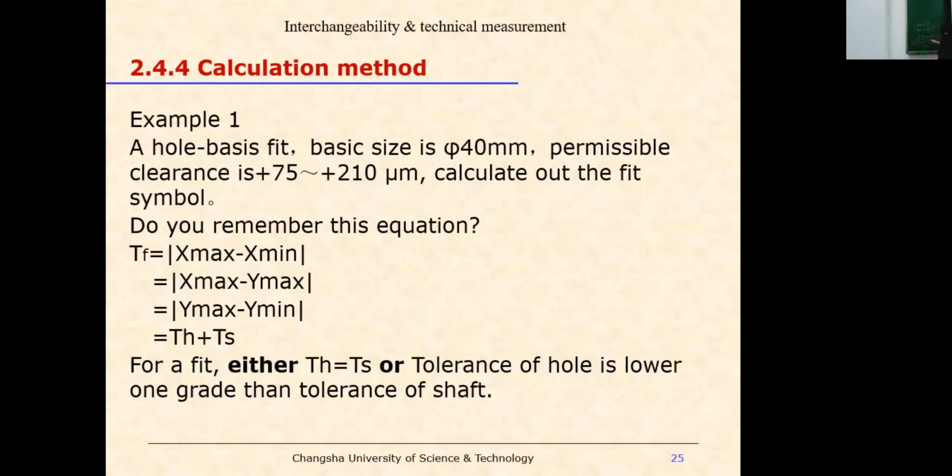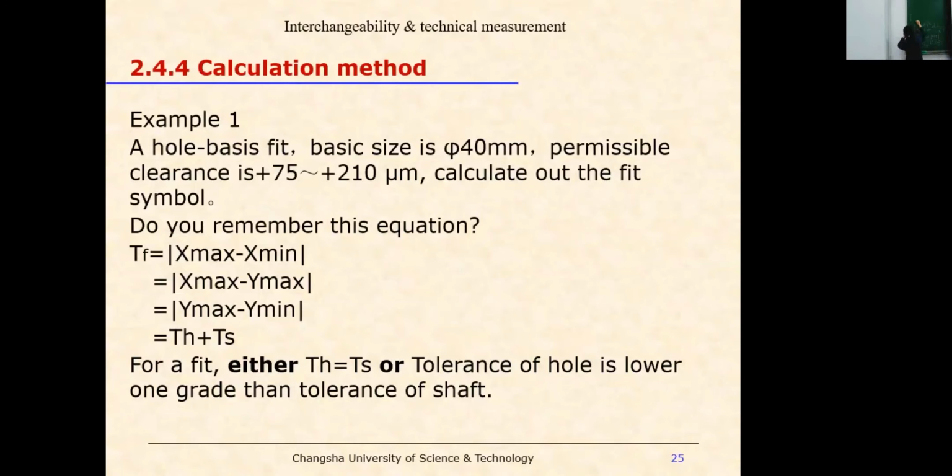This one is maximum minus minimum, minus 75. This TH, do you know this equals? Understand? So this equals, this is the minimum here, the maximum here. So this one is smaller than this one, 100 to minus 75. Right? So the clearance is here.